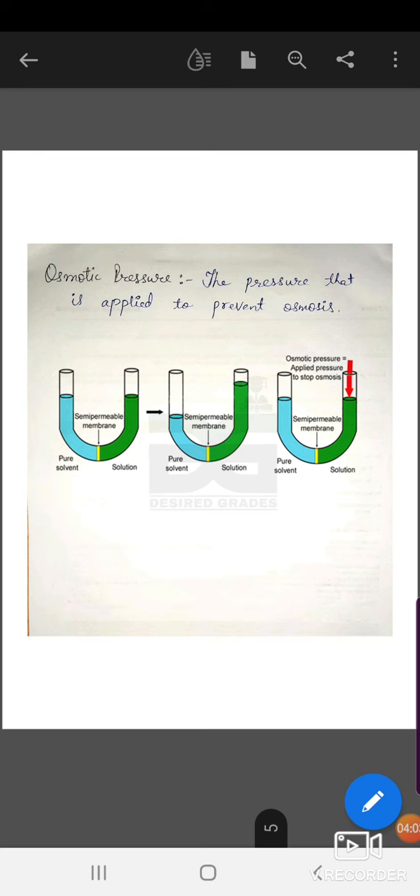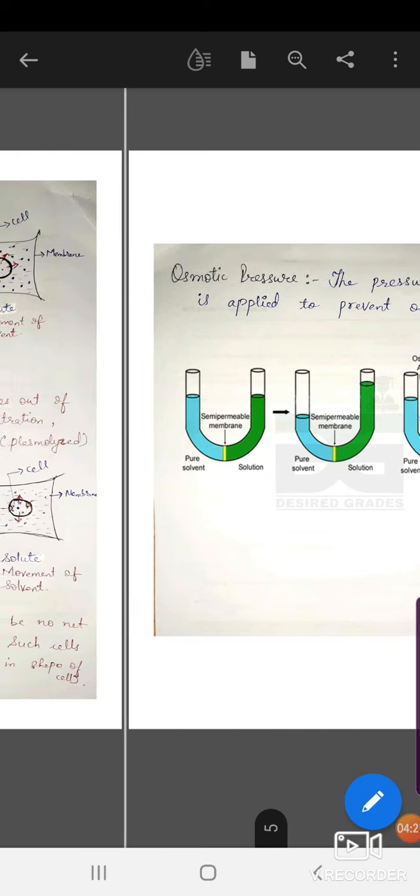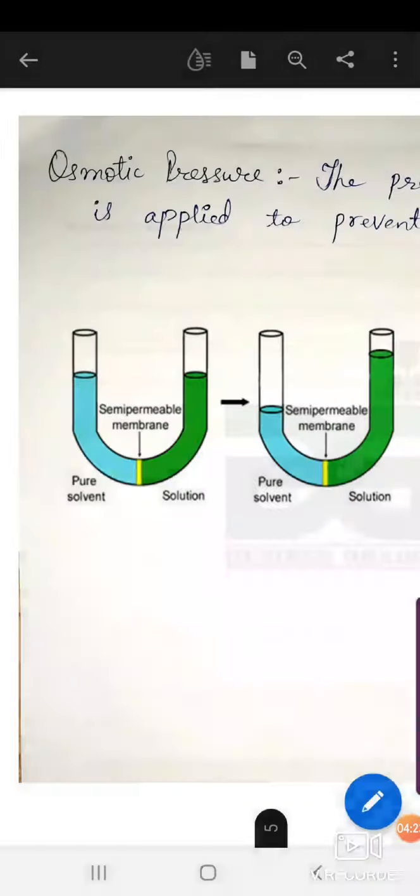Now one more thing related to osmosis is osmotic pressure. Some conditions can occur in which we do not want the solvent to move in. So we need to apply pressure from outside that will stop the osmosis. Here you can see in the first diagram there is a semi-permeable membrane between the pure solvent and the solution.